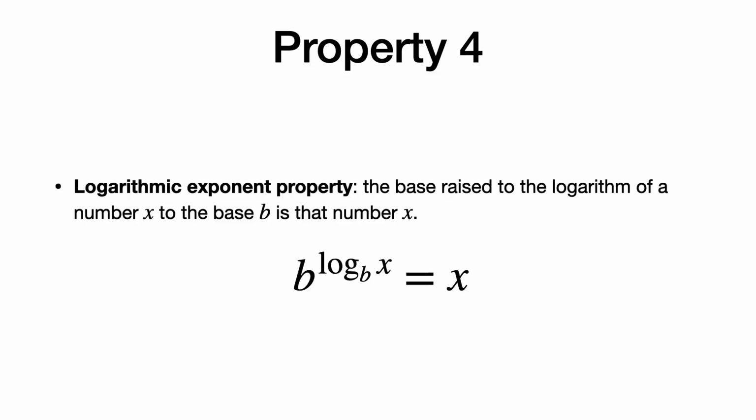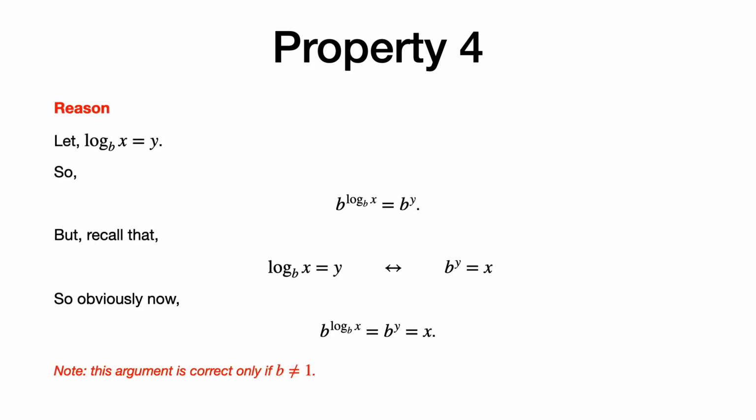The final logarithmic property to be shown for this video is called the logarithmic exponent property. It is quite lengthy in statement form, but it is easier to remember in its symbolic form, which just says that b raised to the logarithm of any number x to the base b is just that number.